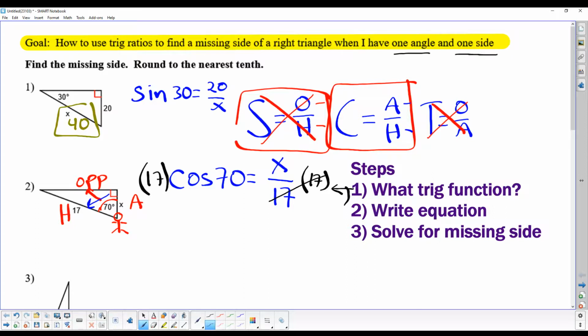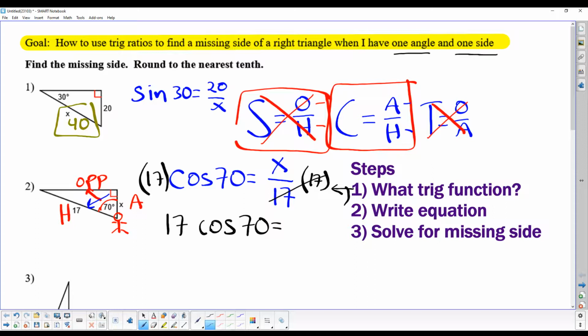These two will cancel out. My answer will be 17 cosine 70. And like I said, if you have a scientific calculator, you type it in just like you see it. If you don't have that, practice with your phone because this is what you should have step by step.